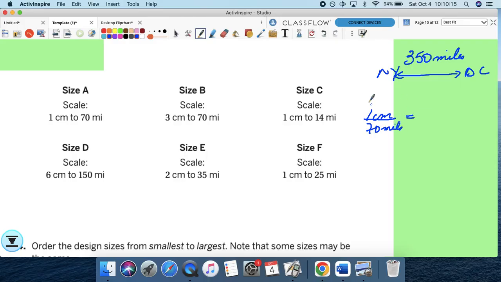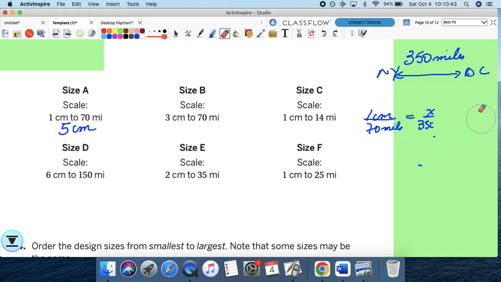And if we were to represent 350 miles using that scale, we're going to put 350 here, right? We can cross multiply, we get 7x equals 350, divide by 7, x equals 50 centimeters. So in scale A, and I'll write it right here under it, 350 miles would be 50 centimeters.